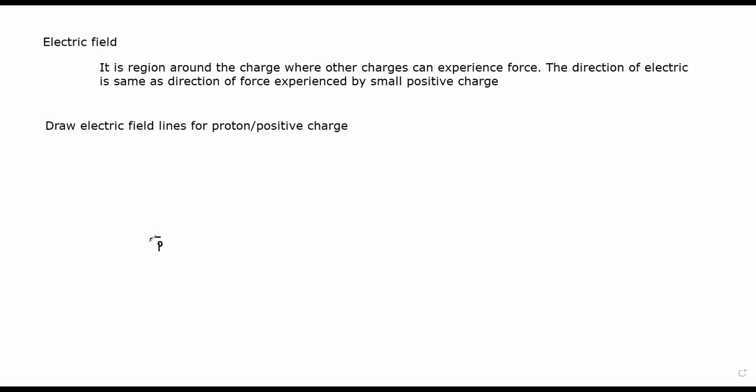If this is a proton and I want to draw the electric field lines, which direction should these field lines point? These field lines should point outward. Why outward? Because if I place a positive charge near this proton, that positive charge will move away.